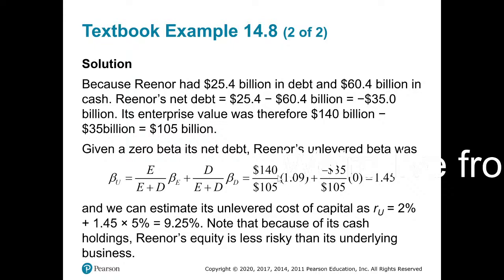For levered beta, that's 1.09, and now you have 1.45. We see that because of the cash holdings, the equity is less risky than its underlying business. Because of the cash holdings, this beta is lower relative to this.